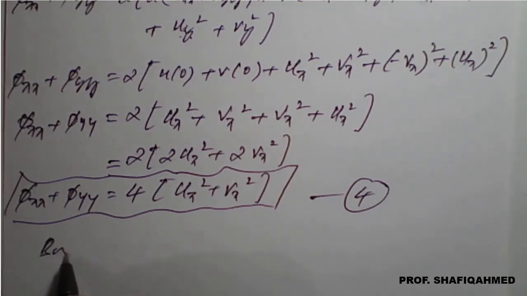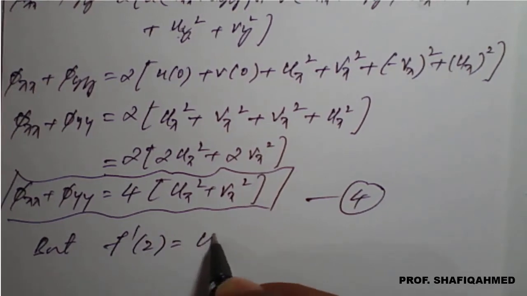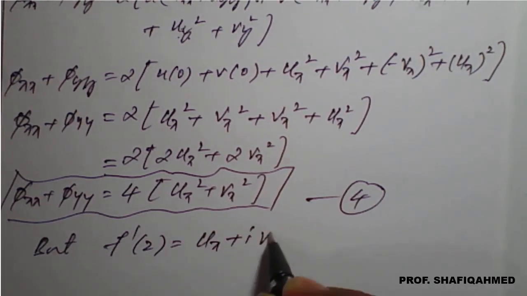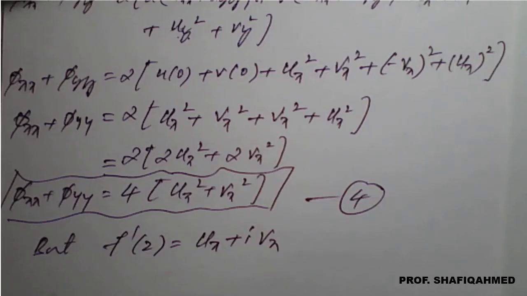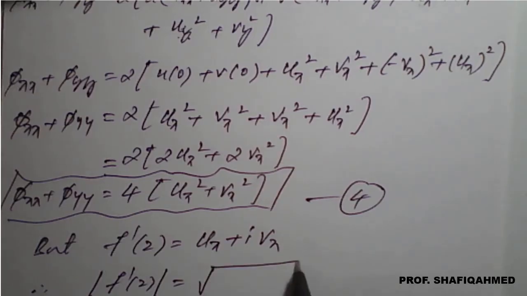But we know one of the important results, f dash of z is always given by ux plus i times vx. Therefore, if you take mod on both sides, mod of f dash of z will be square root of ux square plus vx square.